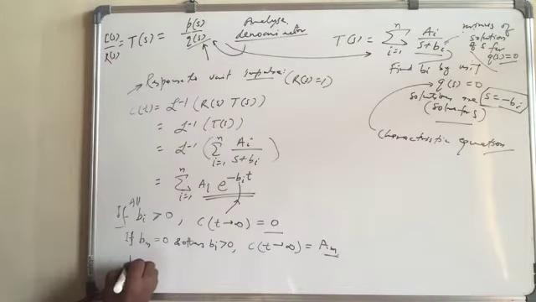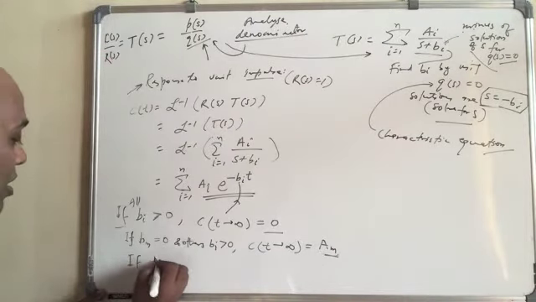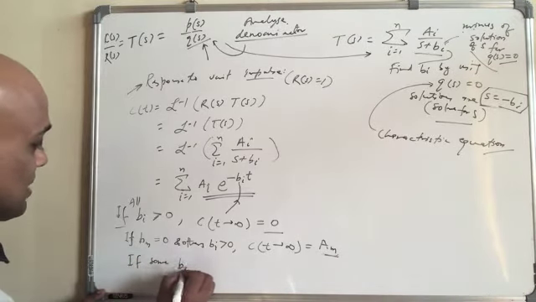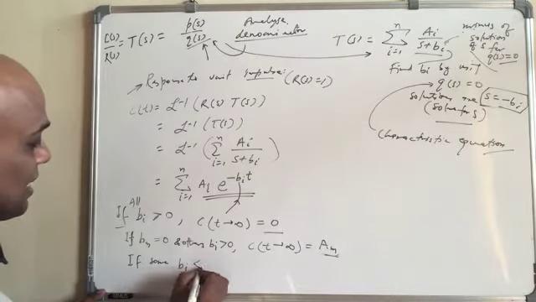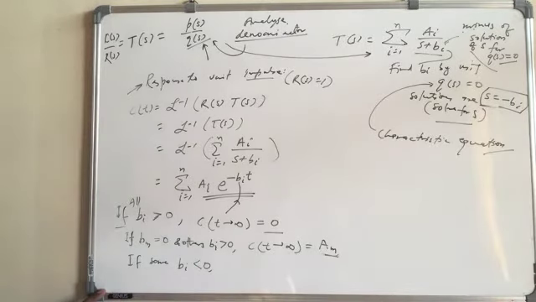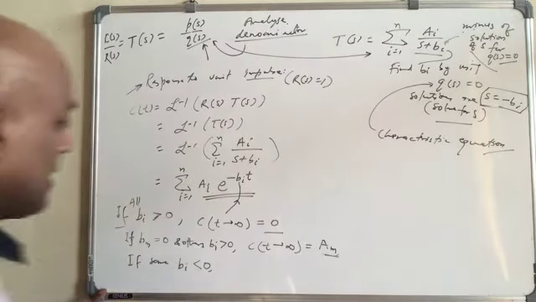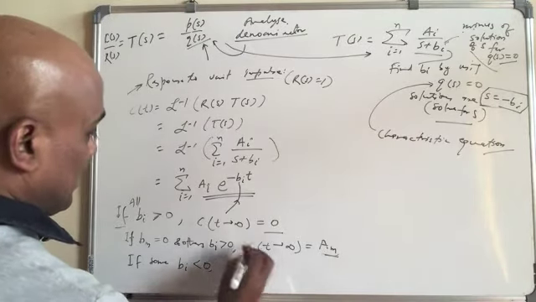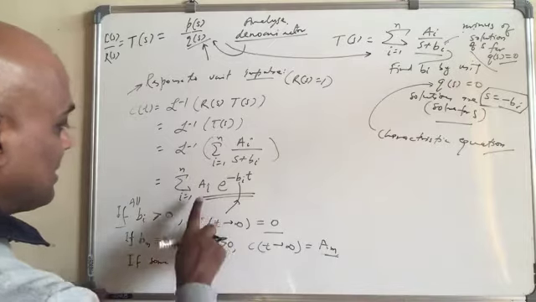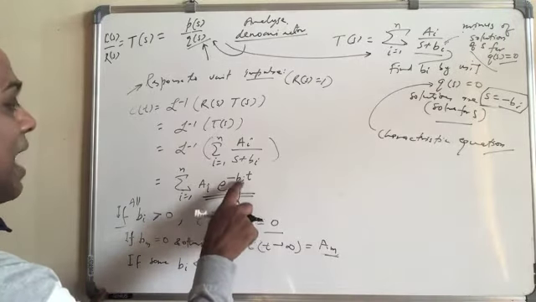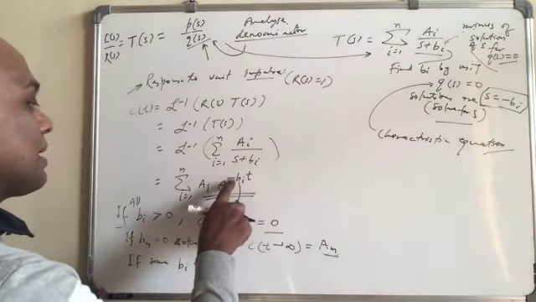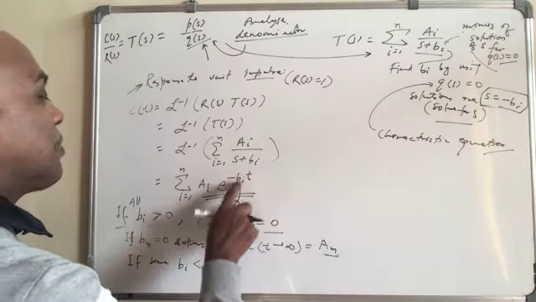Now, if some bi is less than 0, then what happens in that case? In that case, bi is negative, and hence the whole exponent will be positive.